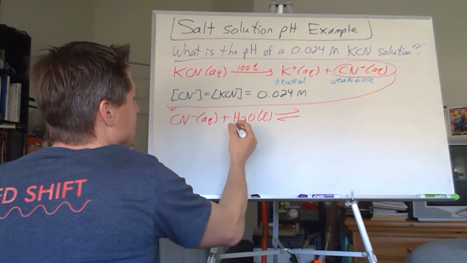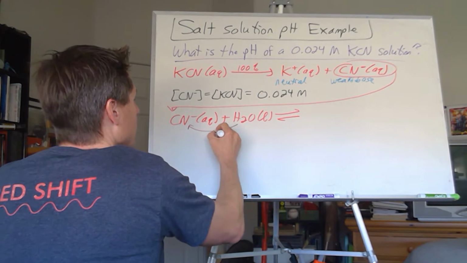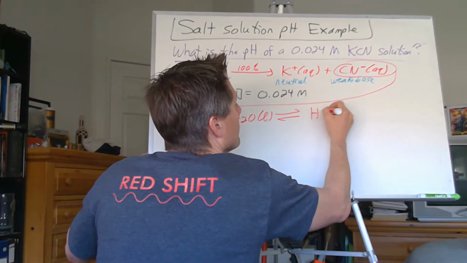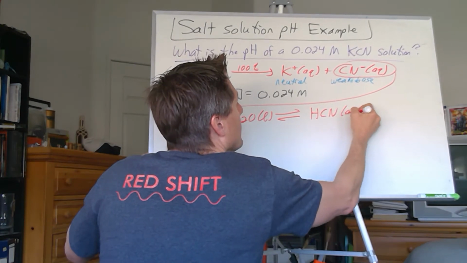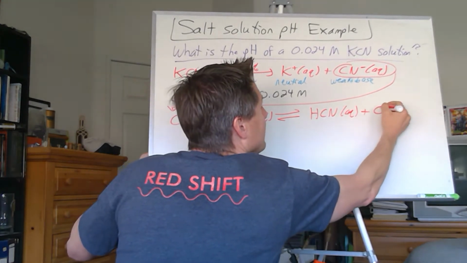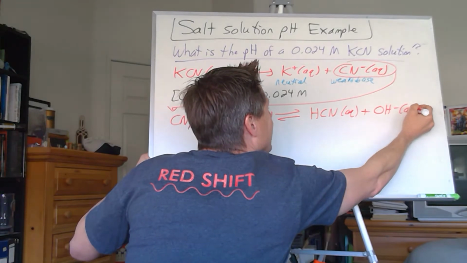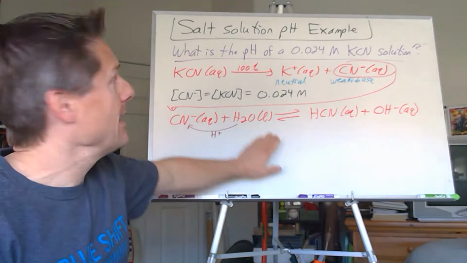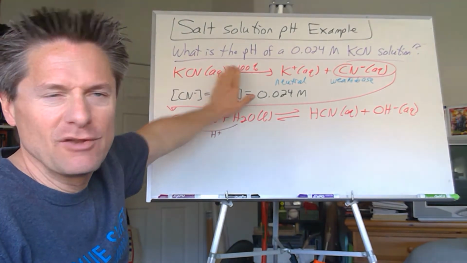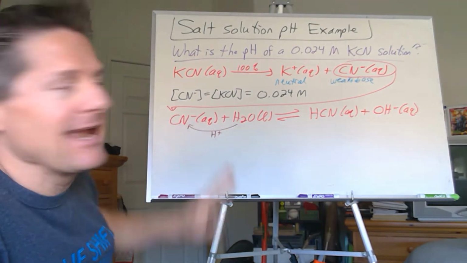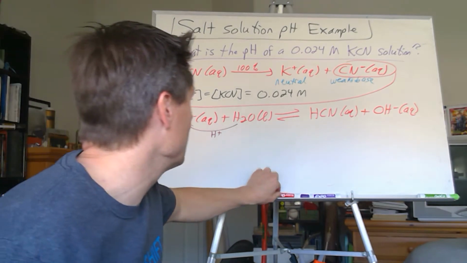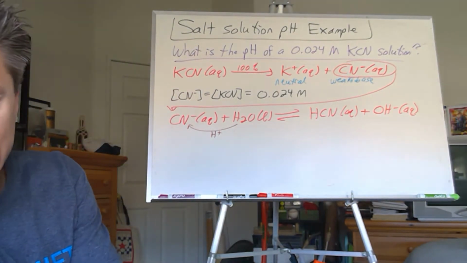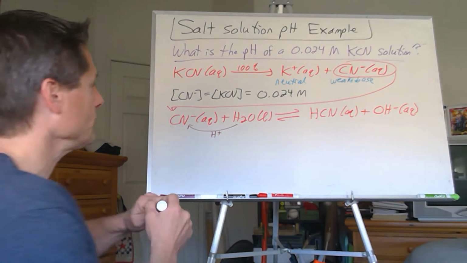So that is going to be taking an H plus away, giving us HCN, plus that loses an H plus, we get the hydroxide ion. So that's the equation of interest, right? You don't even need the dissociation equation. You can do that in your head. This is the equation of interest: the cyanide ion acting as a weak base. So let's calculate the Kb value for this.